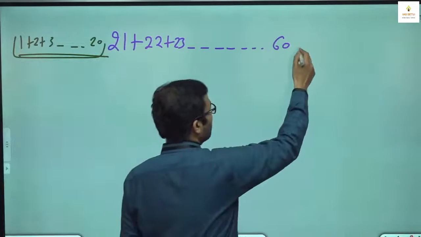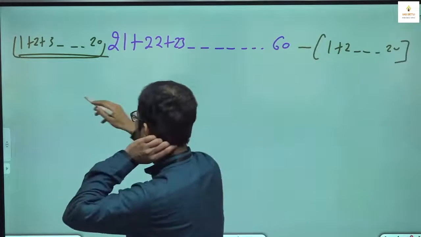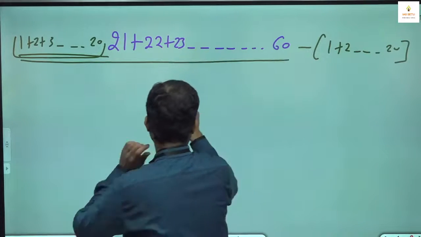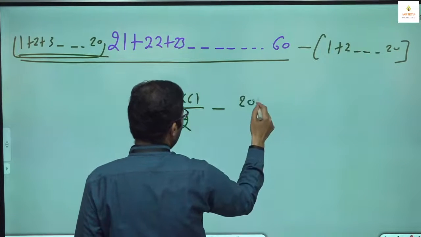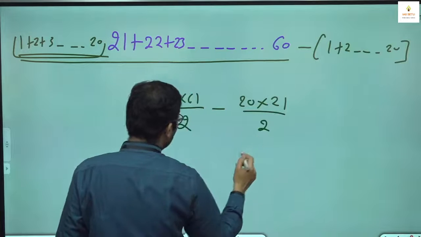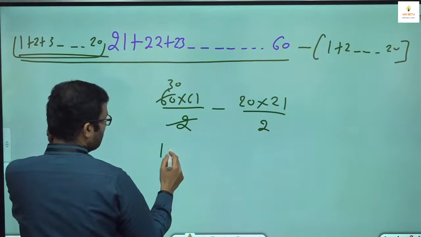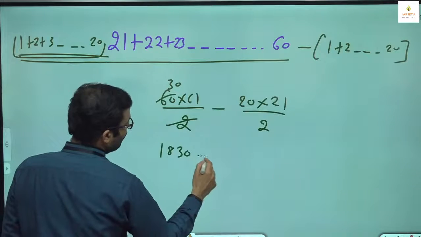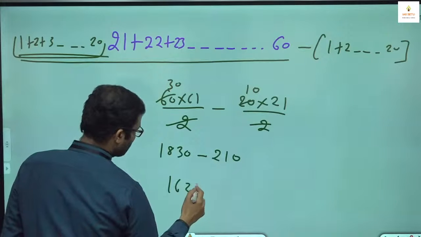Same thing we subtract. 1, 2 up to 20. So it becomes 1 to 60. So it is 60 into 61 divided by 2 minus 20 into 21 divided by 2. So here we get 1830 minus 210, 1620.